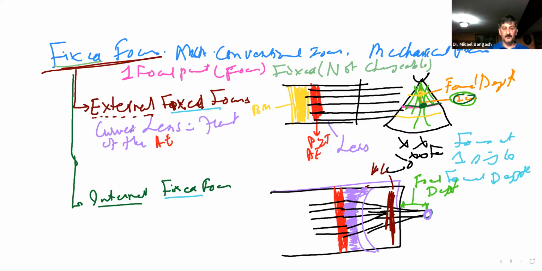That kind of fixed focusing, where we use a curved lens in front of the PZT, is what we call external focusing.